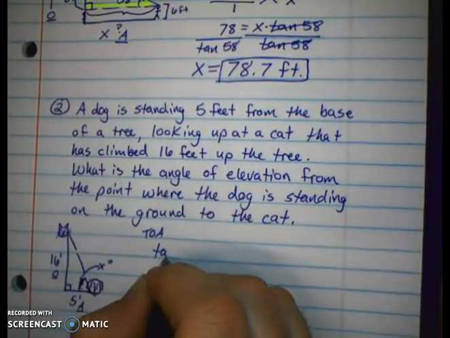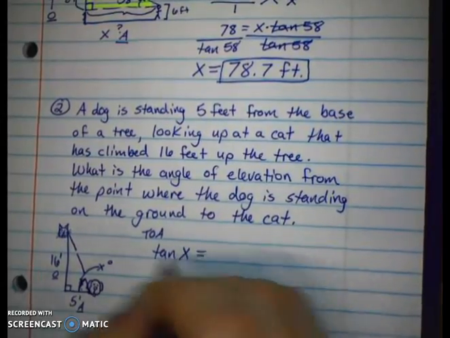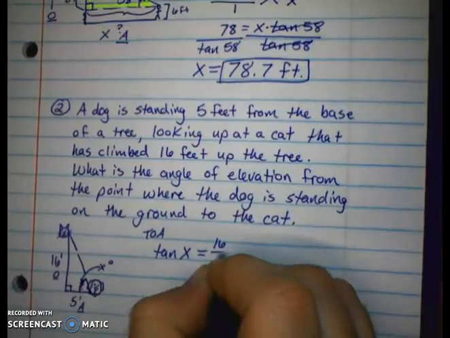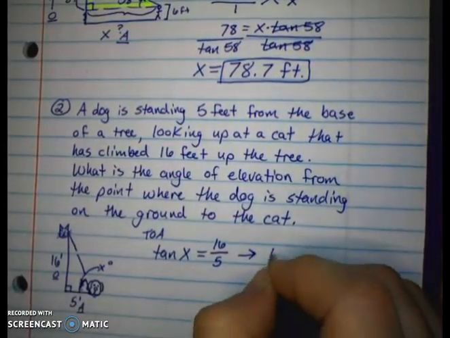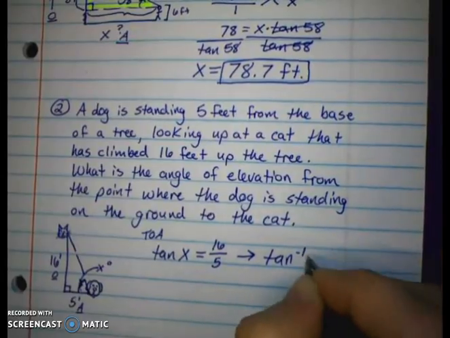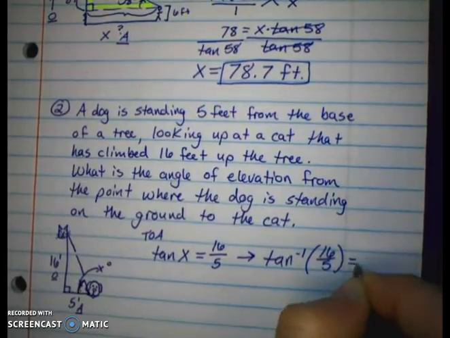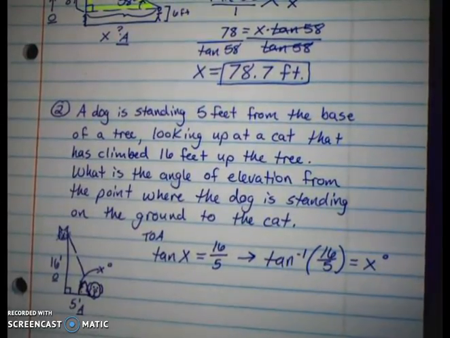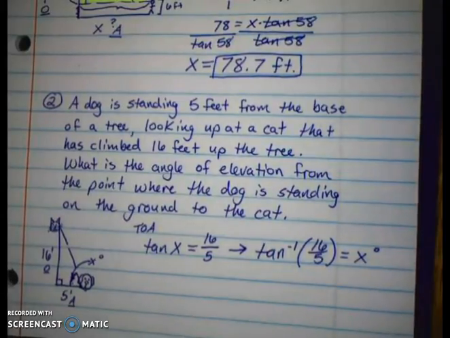So we can say the tangent ratio of x equals the opposite leg over the adjacent leg. So that means we need to take the inverse tangent of that ratio to find out what x is in degrees. And so that's the part we put in the calculator. I'll remind you how to do that.